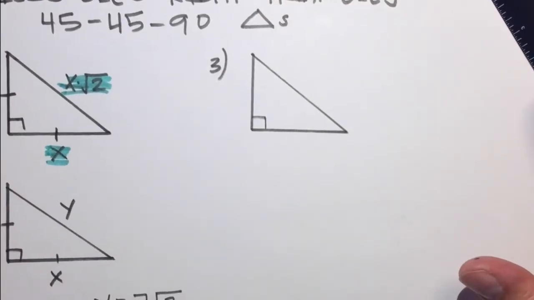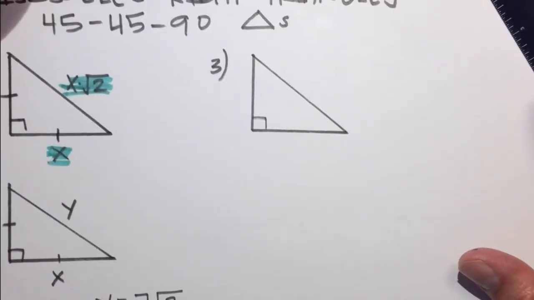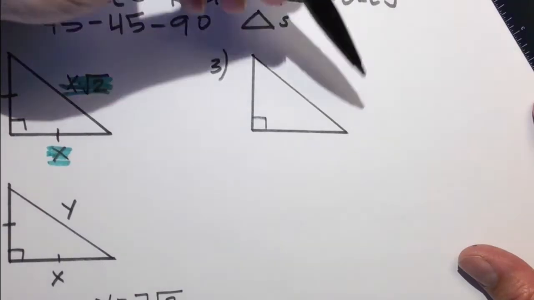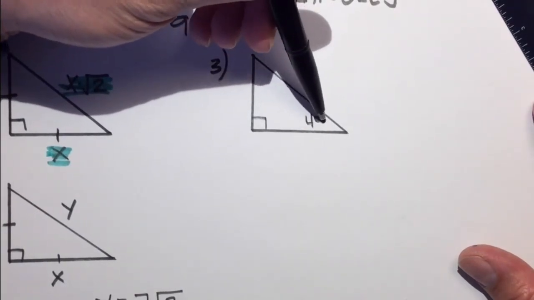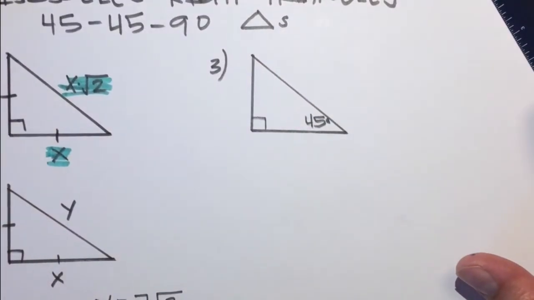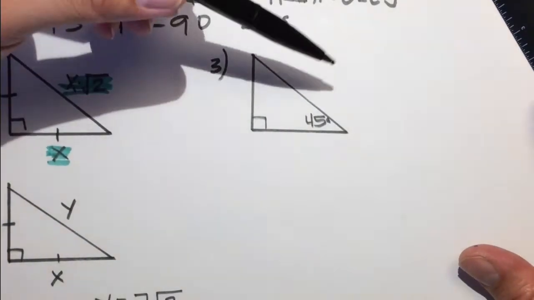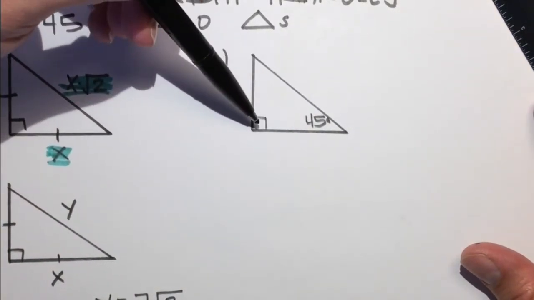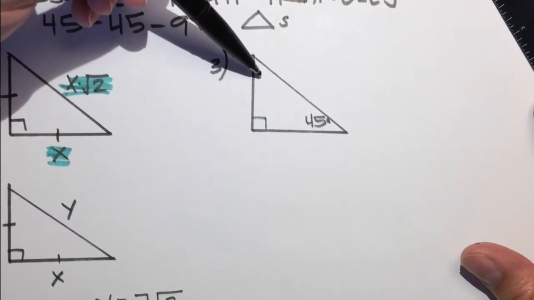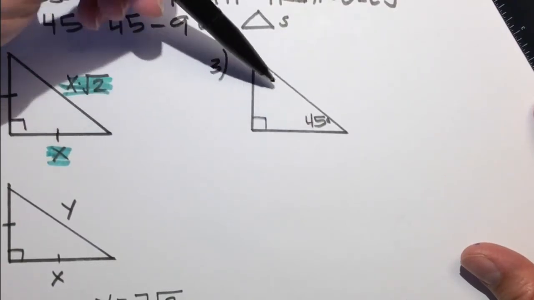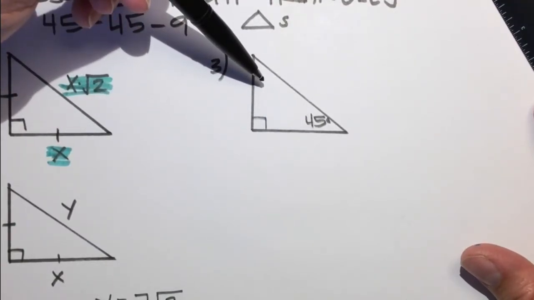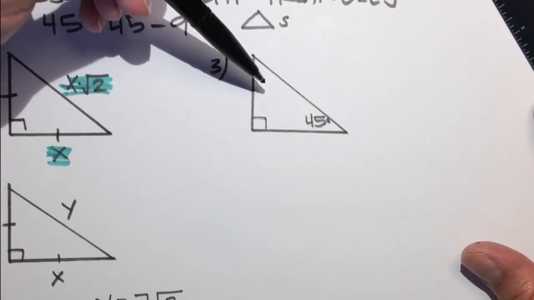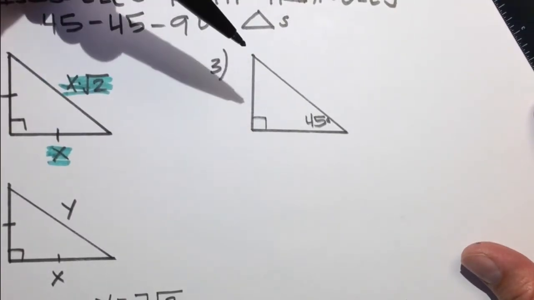Okay, make this a right angle. And another way to show that this is an isosceles right triangle is let's put a 45 here, 45 degrees. Because if we did the triangle sum theorem, we would know 90 plus 45 plus this would also have to be 45, and these two angles are the same. So if these two angles are the same, they're base angles. Base angles are found in isosceles triangles.